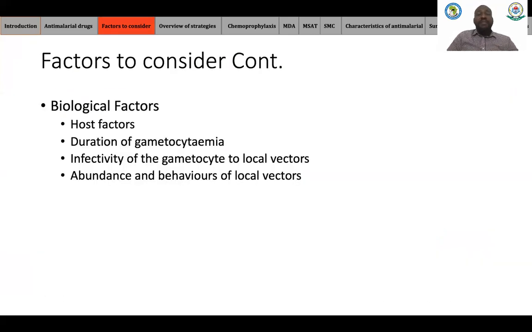So another factor is the biological factors. Among the biological factors, you should consider the host factors, which is the human being, the parasite factors, which is the Plasmodium falciparum itself, and the biology of the vector. So we're looking at different factors that affect the selection of your choice. When you look at host factors, human beings get bitten differently.